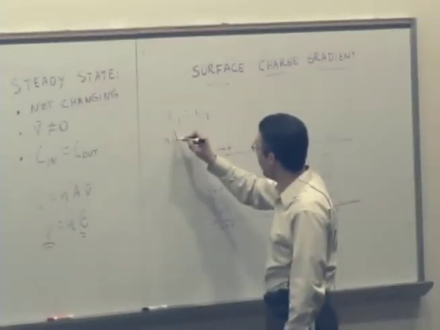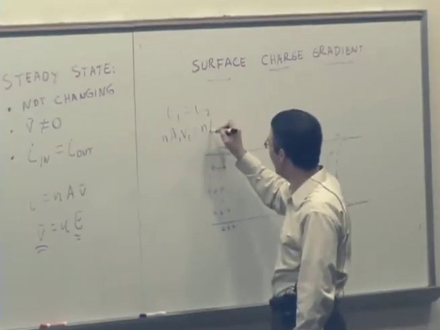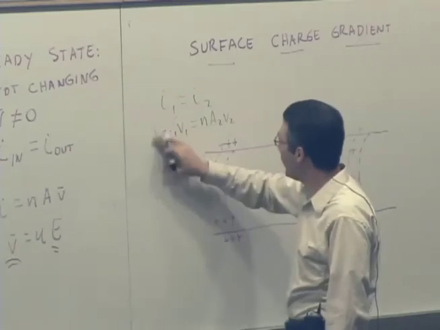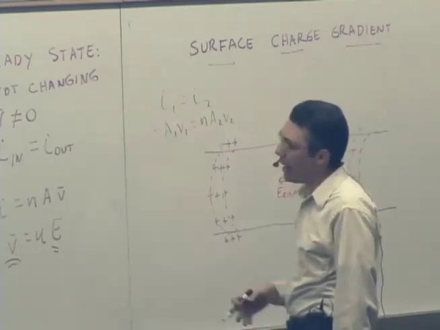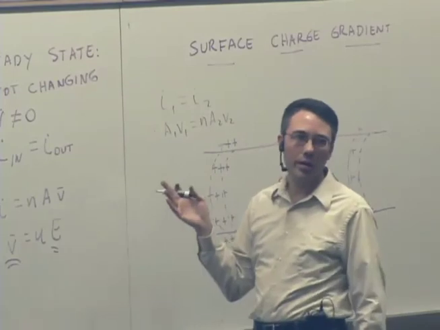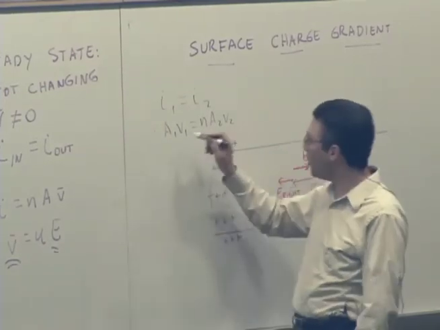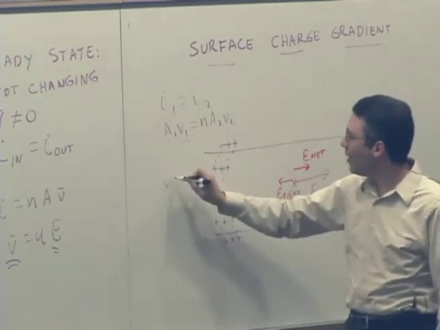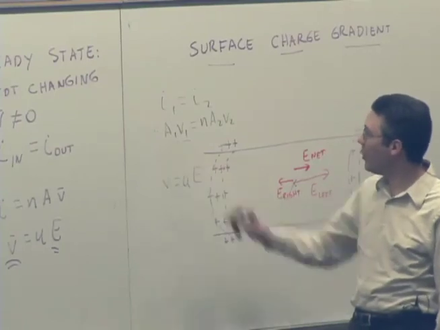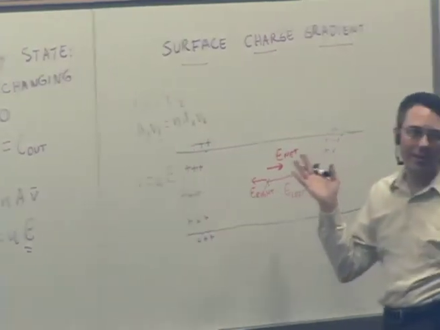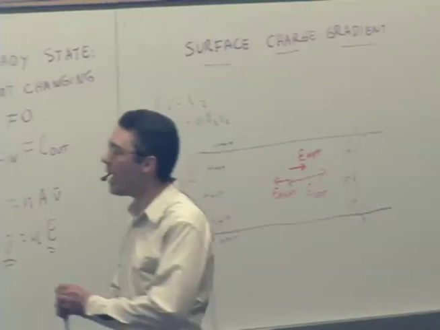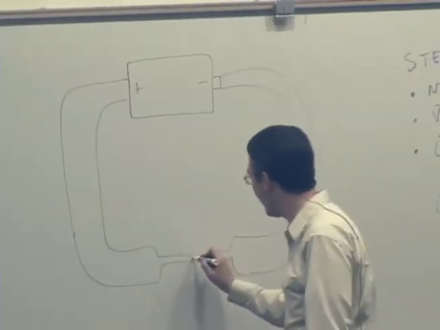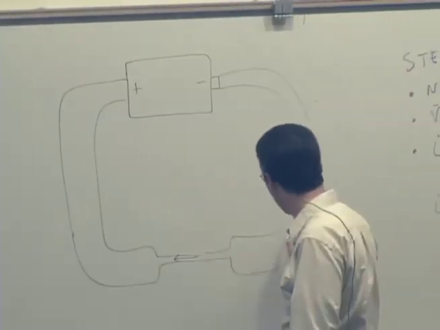So n A1 v1 is equal to n A2 v2. Drift speeds would be different. And also, therefore, cross-sectional areas are different. One more thing, v equals uE. If the drift speeds are different, then electric fields are different. You're going to have a bigger drift speed in the thinner wire than you have in the thicker wire.